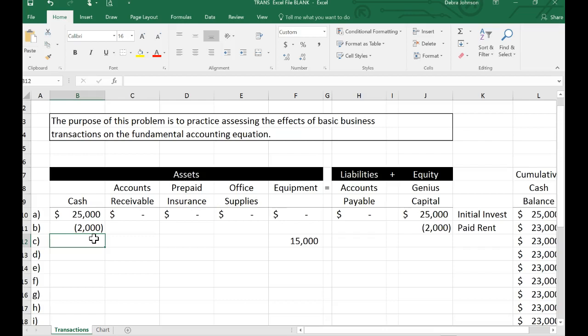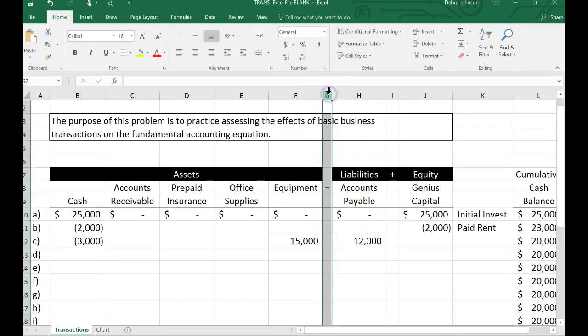So 20% of $15,000 would be $3,000 down for cash. So then how much would we owe our creditors? If we bought equipment for $15,000 and we gave them cash of $3,000, then that means my debt just went up by the remainder of $12,000.